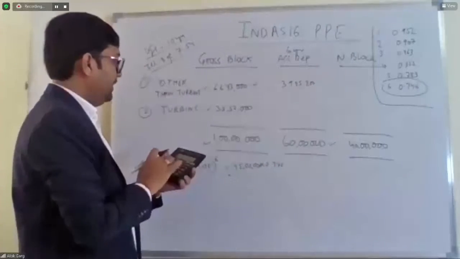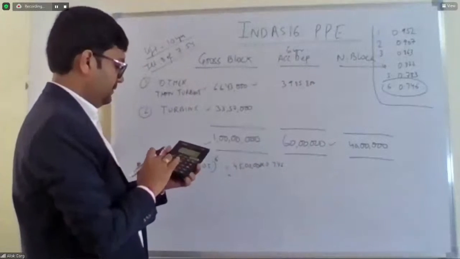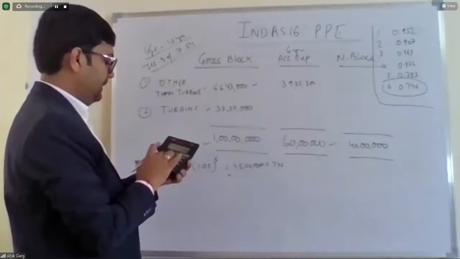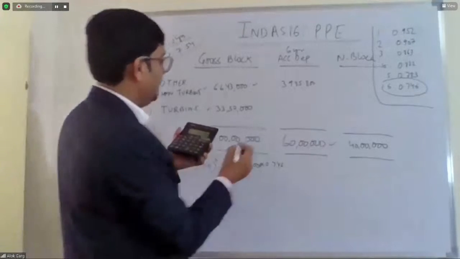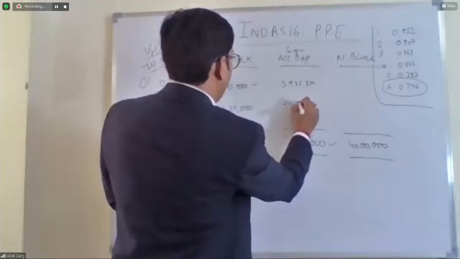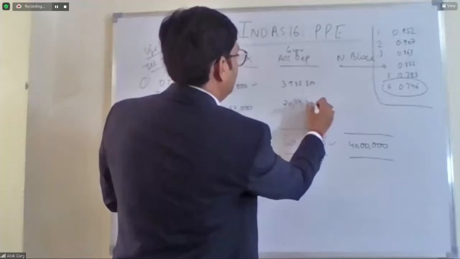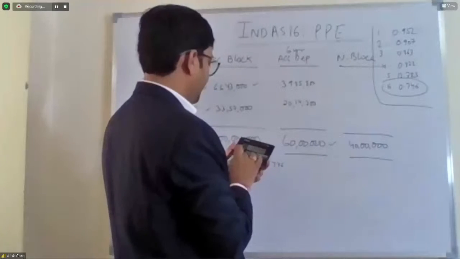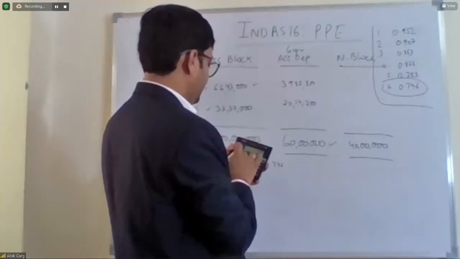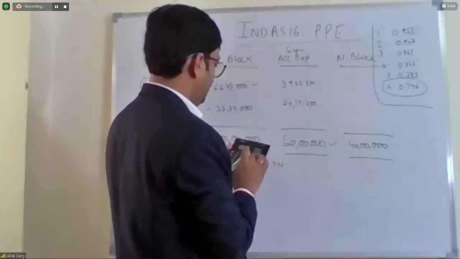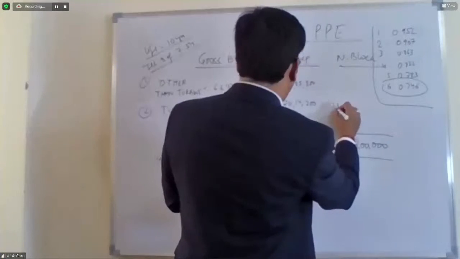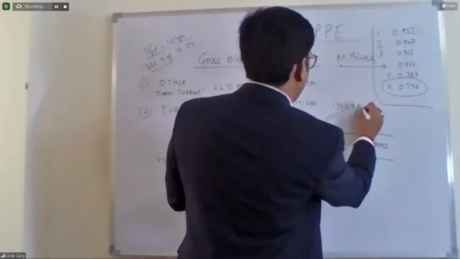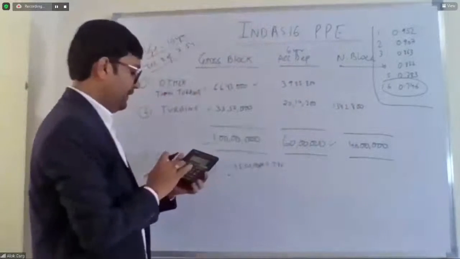And 3357 divided by 10 multiplied by 6 comes to 20 lakh 14,200. So what is the net block of turbine? 3357 minus that, 13 lakh 42,800.